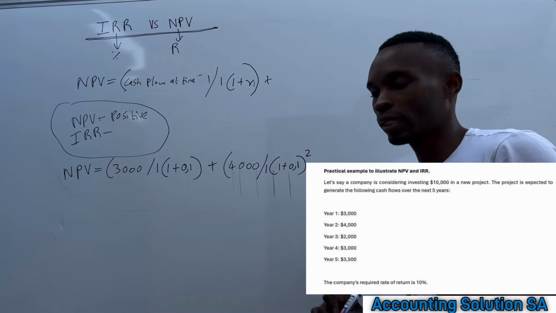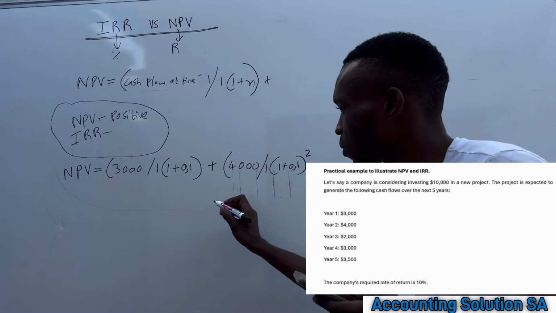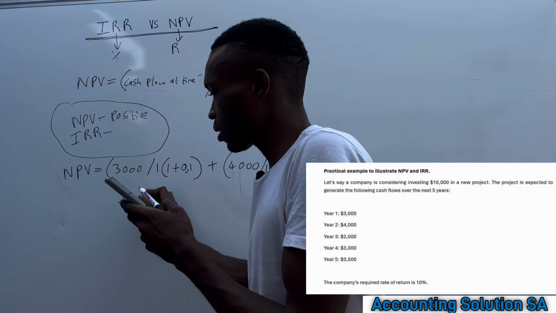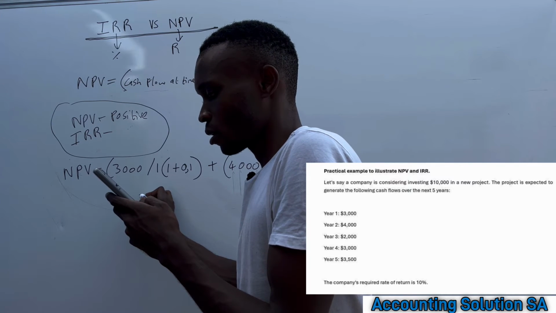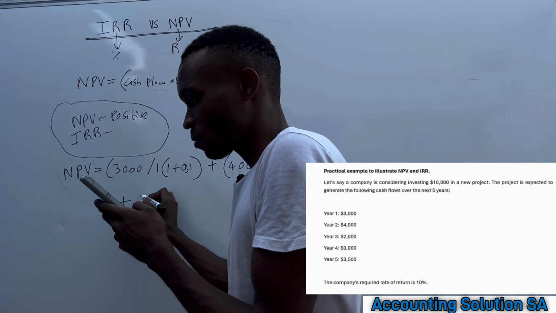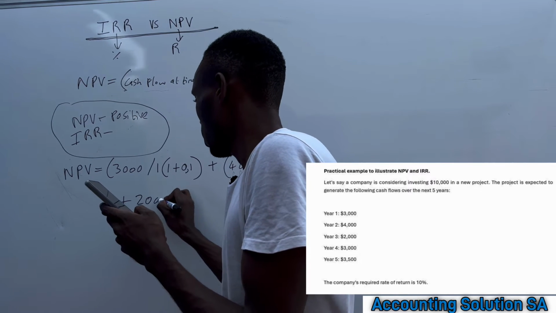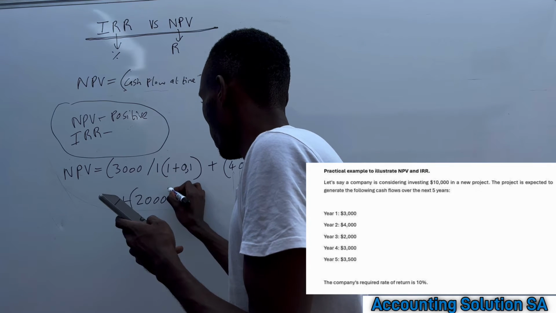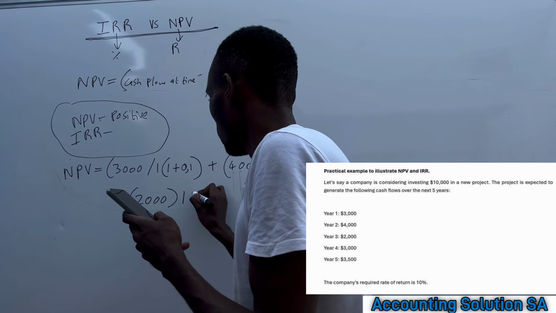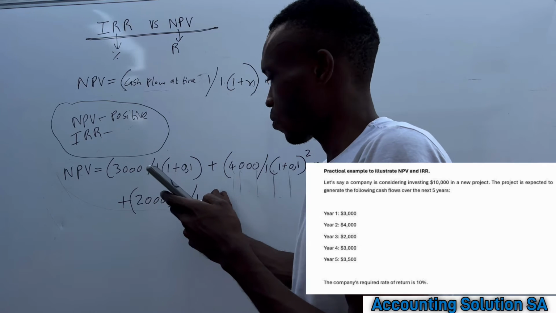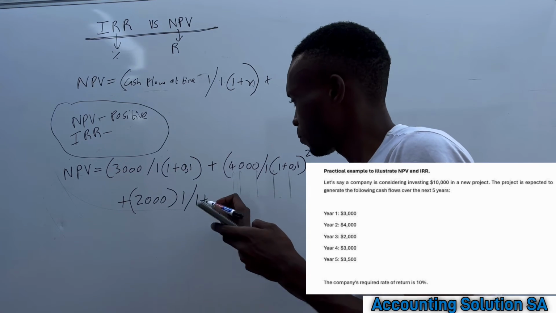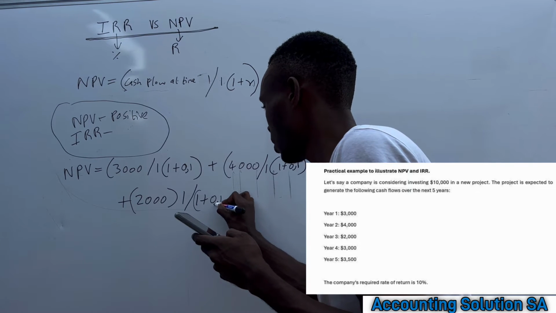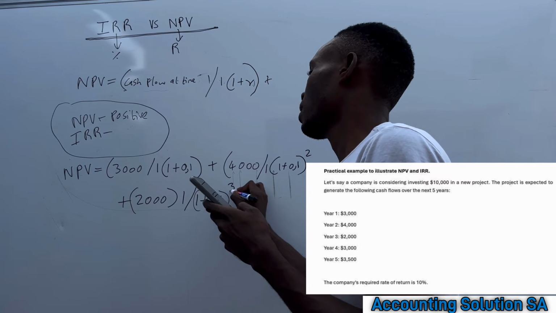To say 2 this side. Then when we go to year 3, let me show you here. Year 3, they said our cash flow at the time is 2,000. 2,000, divide by 1 plus the percentage, how much percent? It is 0.1, 10%. And now you close the brackets with 3.